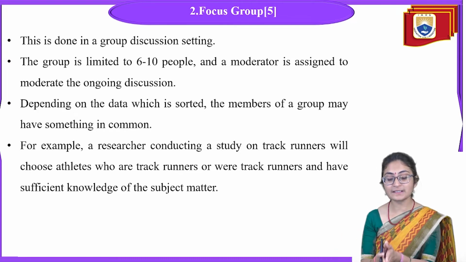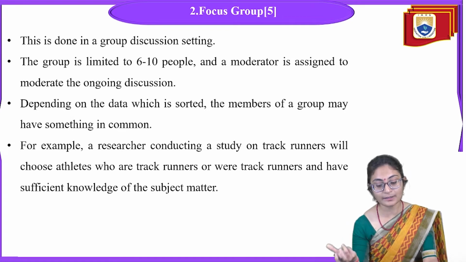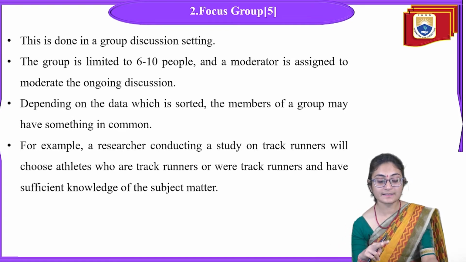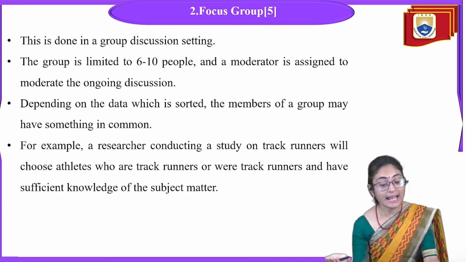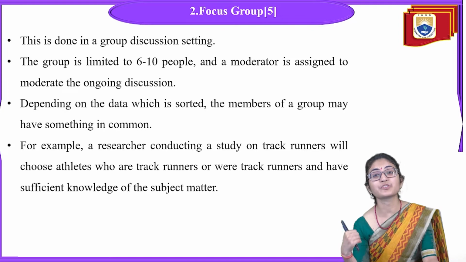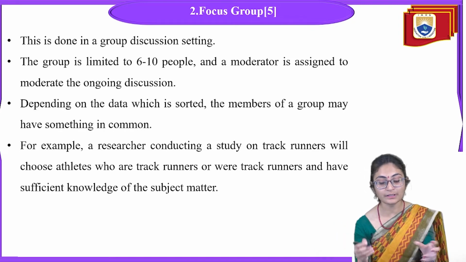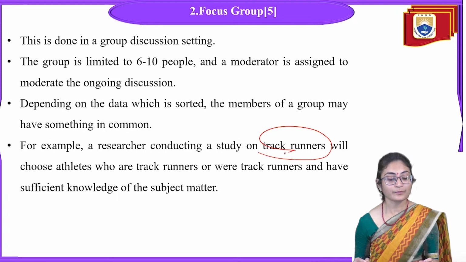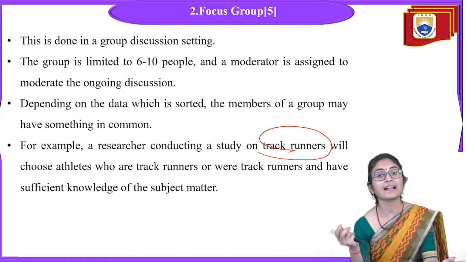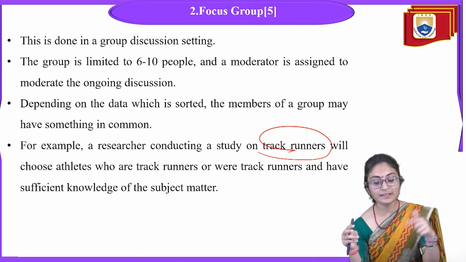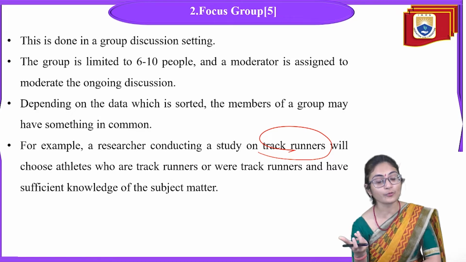For example, researchers conducting a study on track runners will choose athletes who are track runners or were track runners and have sufficient knowledge of the subject matter. On that basis, they can collect quality data.